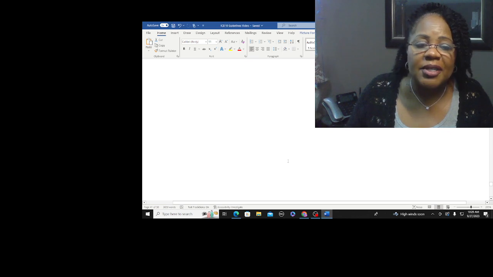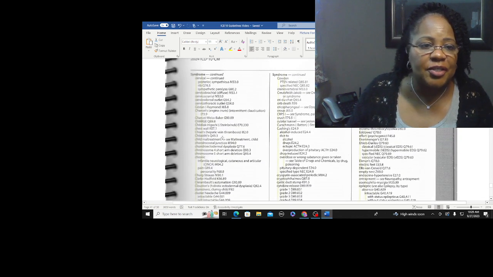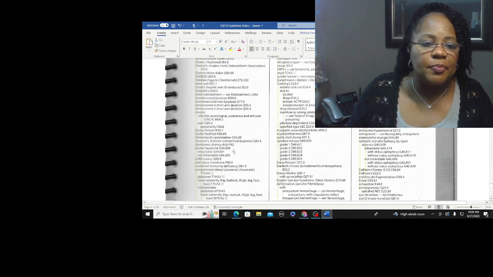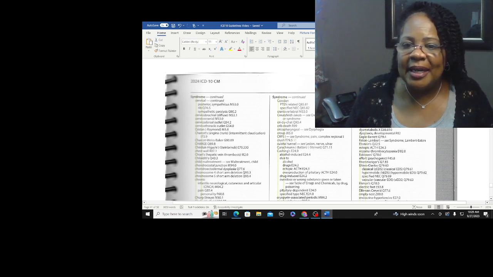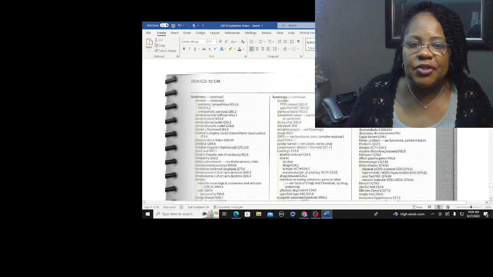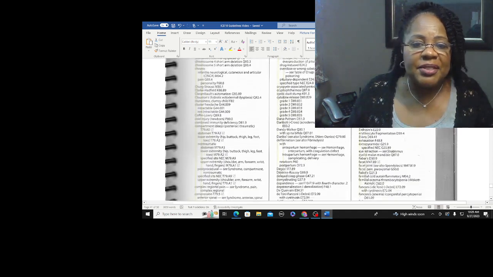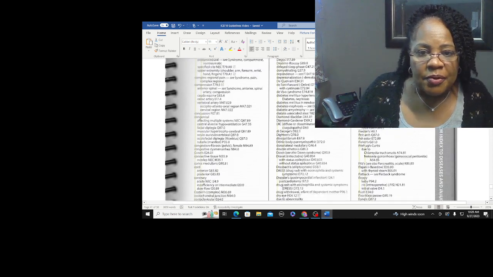So the only thing I did here was copy the page in my alphabetic index for syndromes. And guys, look, all three of these lines are on that one page. This is just one page from the 2024 ICD-10-CM alphabetic index to diseases and injuries under syndrome. It took up, I think, about 3 of these full pages for just syndromes. So there are quite a few.